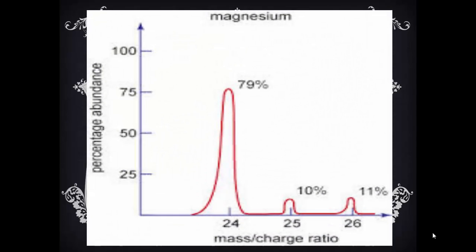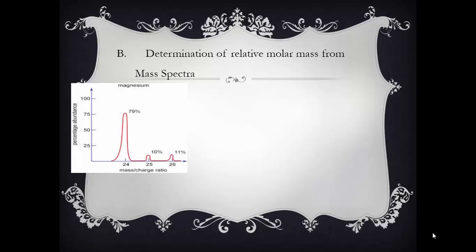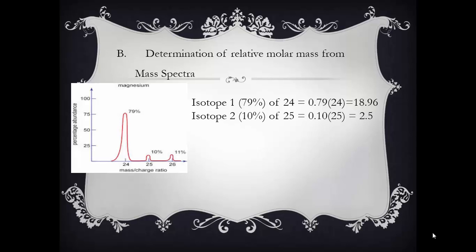Determine the molar mass. So again, we use the same picture, and we basically just solve it like you would figure out your grade in your class that has different percentages worth different points. So for magnesium 24, it's worth 79%, so you multiply by the decimal, 0.79. And isotope 2 is 10% of 25, so 0.1 times 25.